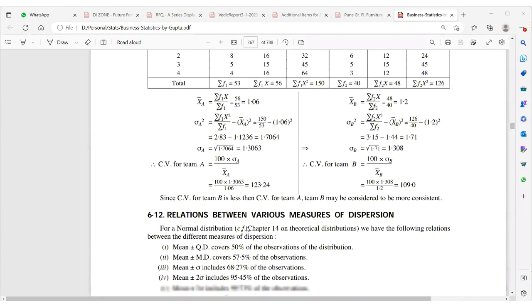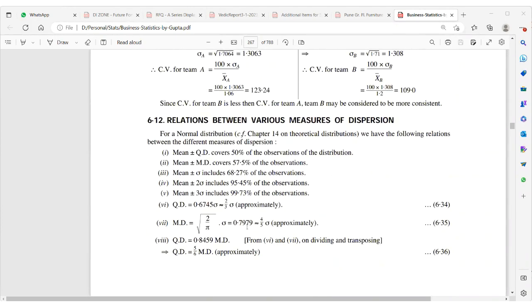Okay, see, these are some relationships between the values. Mean plus minus quartile deviation. Let me take any value of mean and any value of QD.